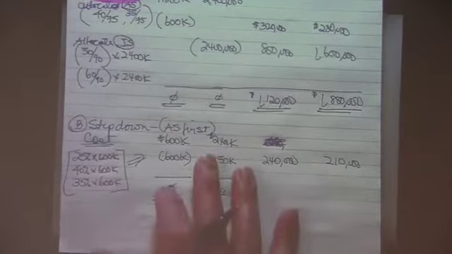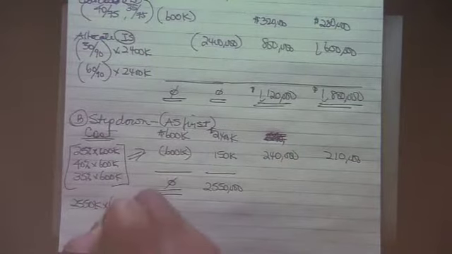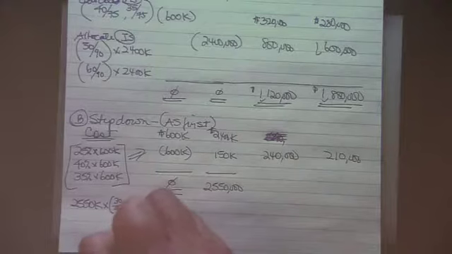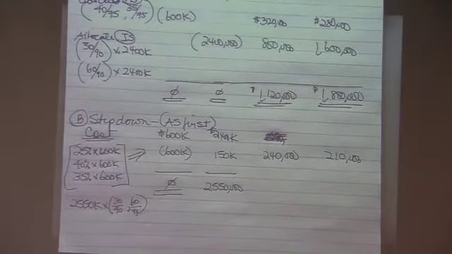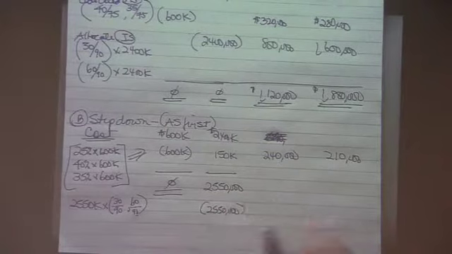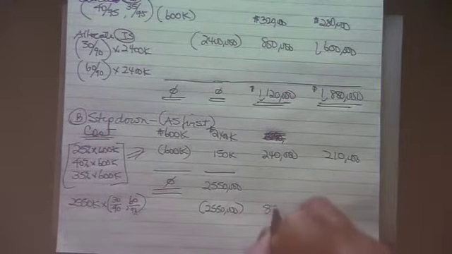So in that case, we're going to allocate the 2550 times 30 over 90. So this times 30 over 90 is 1/3. That's 850.